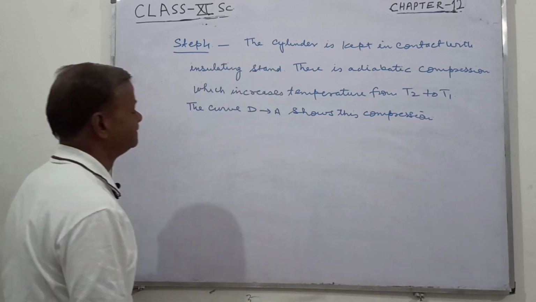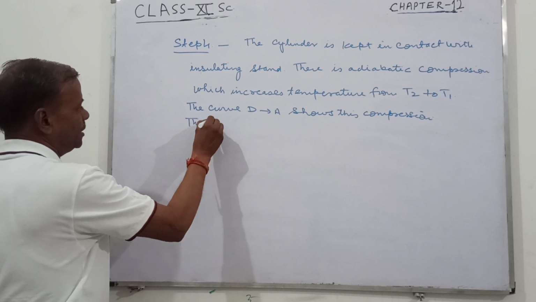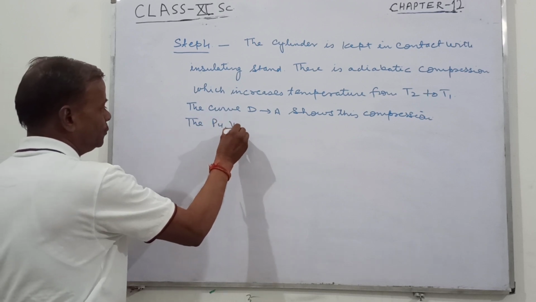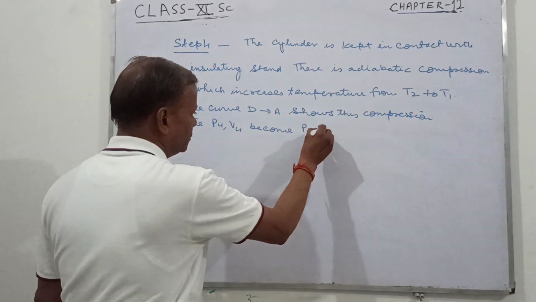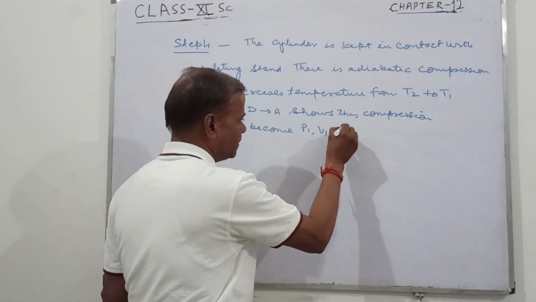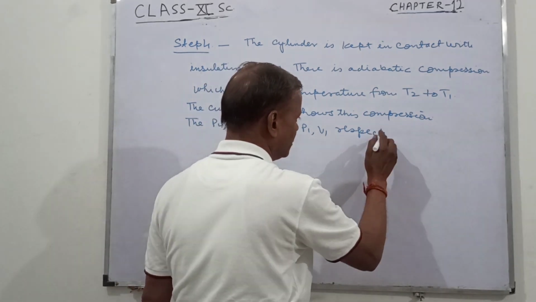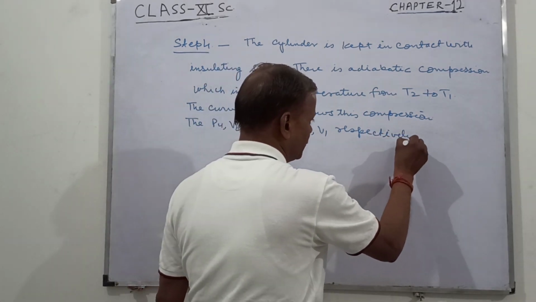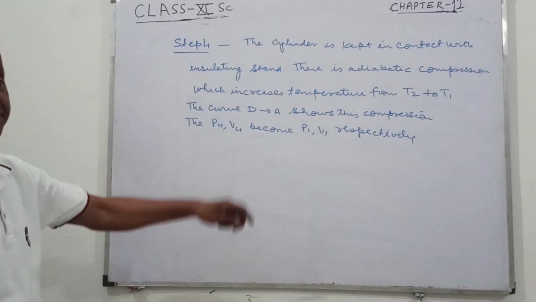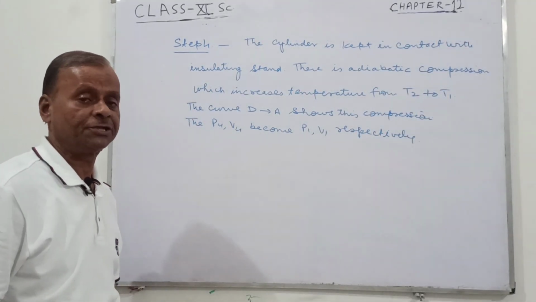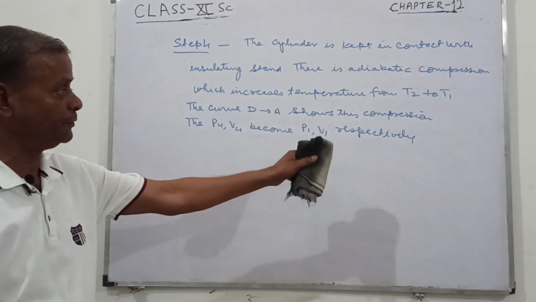The pressure, the P4 V4 become P1 V1 respectively. So after the fourth step, the system and the surrounding return to their original condition P1, V1 and T1.